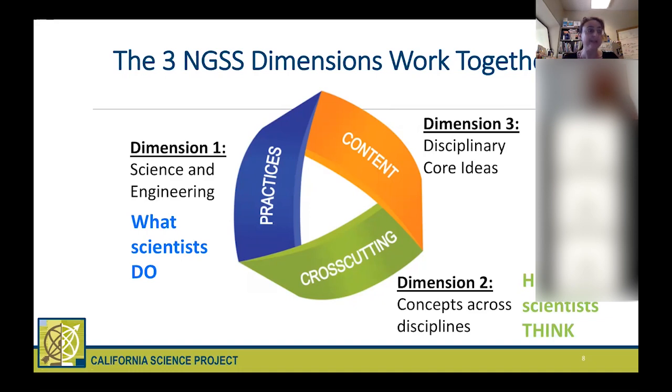To properly educate students in how science is done, we need all three dimensions to work together in order for them to have an appreciation that knowledge comes because scientists are thinking and are doing something. And that's how they can use their knowledge.